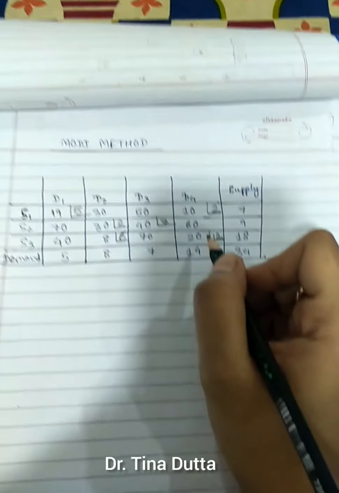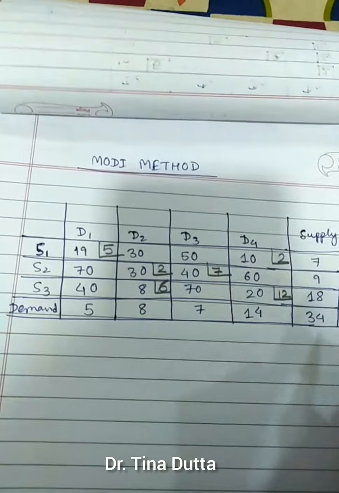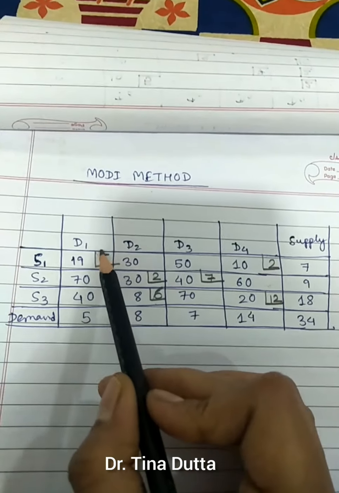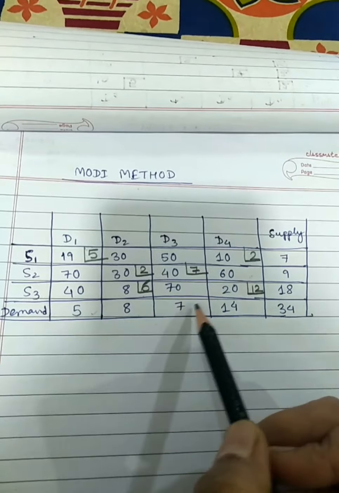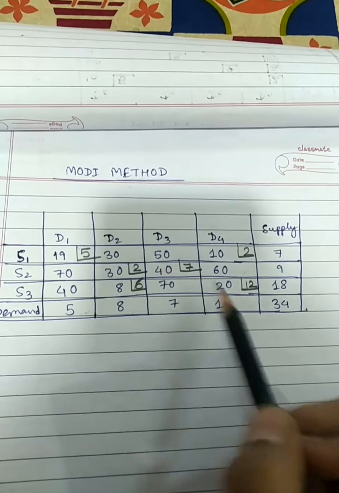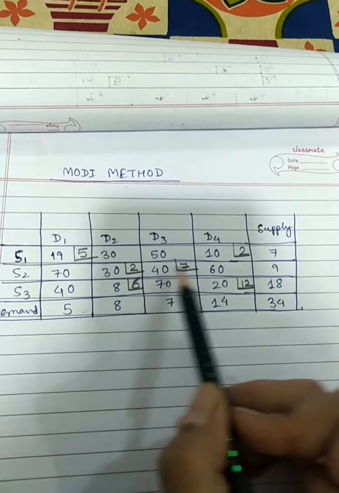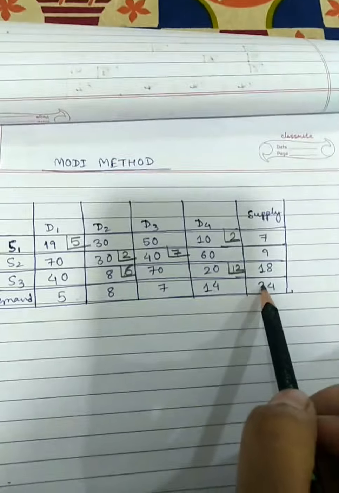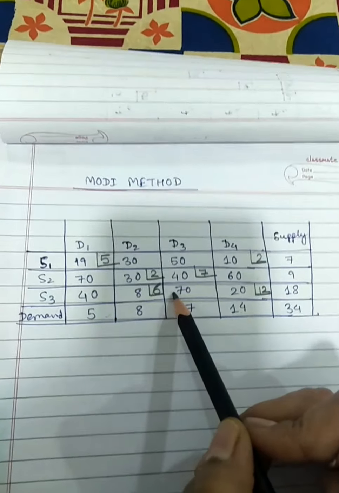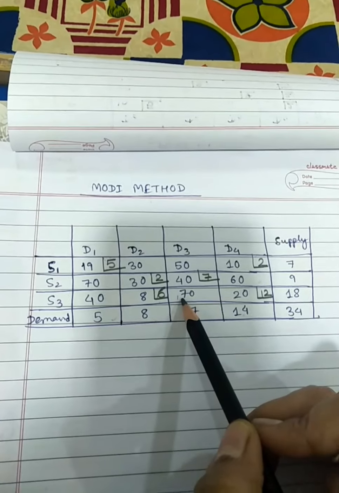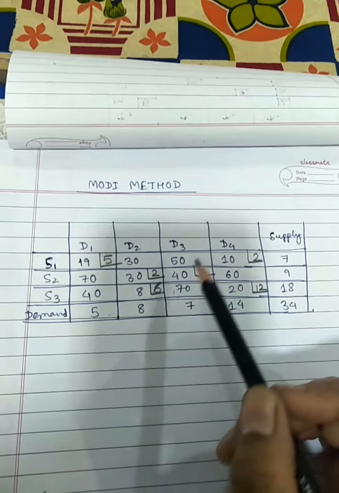Ultimately all the supply and demand constraints should be met. So here 5, so 5 is the demand, 6 plus 2 is 8, 7 is 7, 2 plus 12 is 14, and if you see the supply side also, it is meeting the supply requirement. So now this is the new allocation. Now whether this new allocation is giving us minimum cost or not, we have to apply step 1 again.